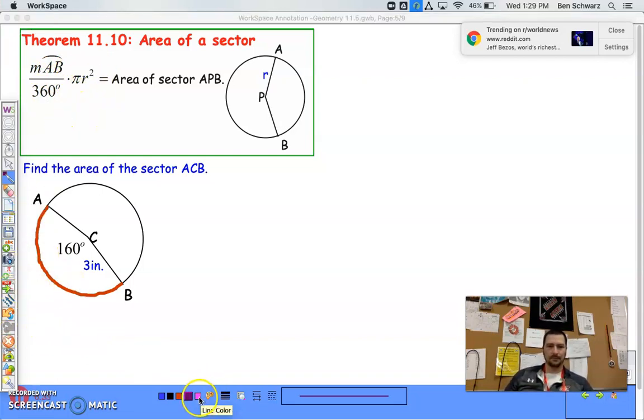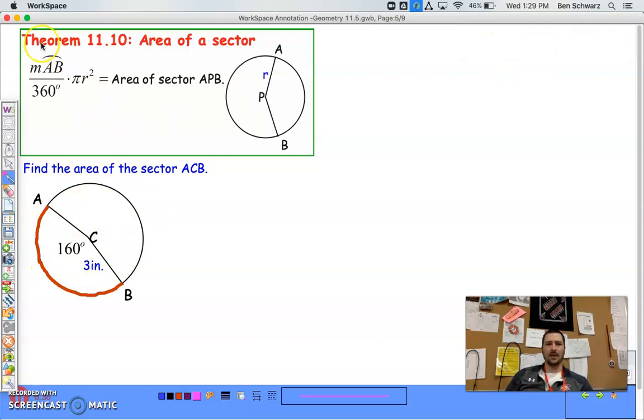So let's see here. What we want to do for this problem, if we follow the theorem, so measure of the arc. So a measure of our arc is 160 over 360, it says, times pi r squared. R is 3. So it's simple.